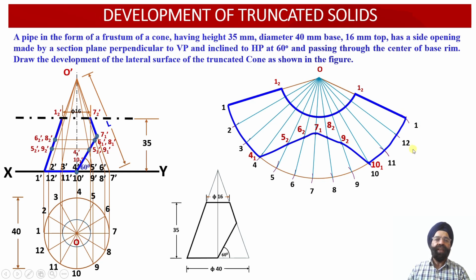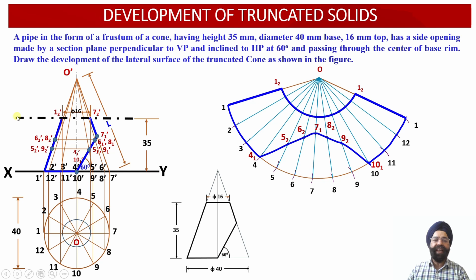So with this, we have discussed the evaluation of front view projections as well as the top view projections corresponding to this truncated cone, and we have been able to develop the lateral surface of this truncated cone, which has been cut by two cutting planes over here. So one cutting plane happens to be the auxiliary inclined plane, which is inclined at an angle of 60 degrees with respect to the base and passing through the center of the base rim over here.